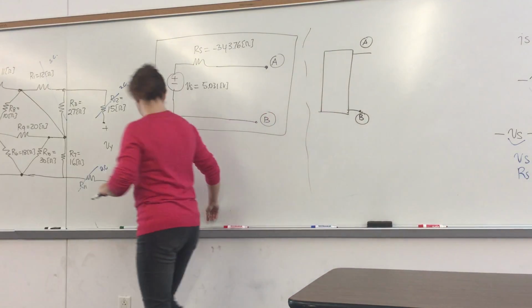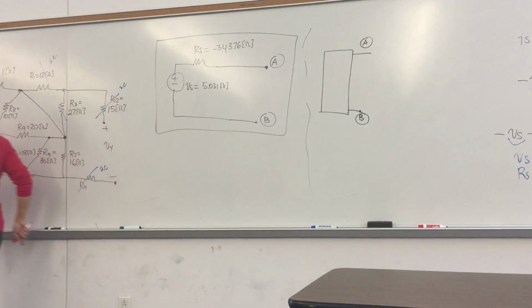If this is A, this is B, so all this is B. Now this one is a new node, C. This one is D here, and this one is also D. That's it.